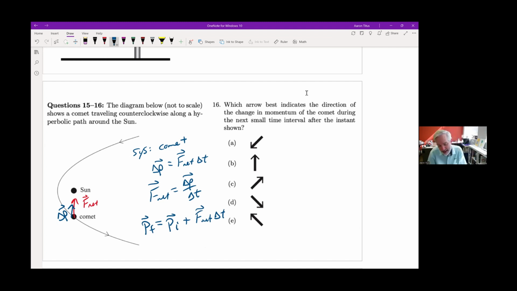But if you want this equation to be exact, F net would have to be the average net force. Well, what if you have a small delta T? Then you can approximate that by using the initial net force.